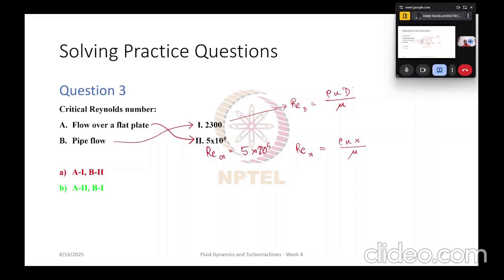So there are theoretical backgrounds for many different simple canonical flow situations where you can predict the critical Reynolds number above which instabilities may or may not grow, below which they always die down.